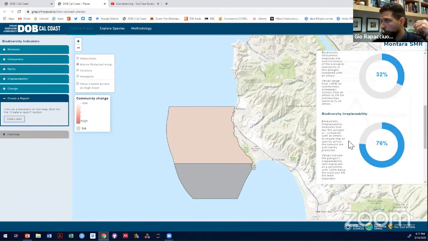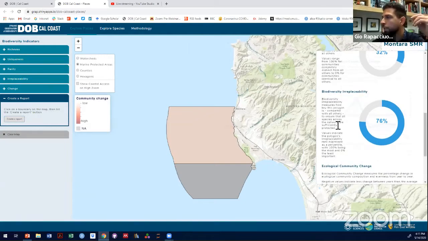So for example, in terms of irreplaceability here, which is defined in how key that MPA is, in theory, if we were to safeguard particularly rare species and species that are really unique to this MPA, that gives you a higher irreplaceability score.